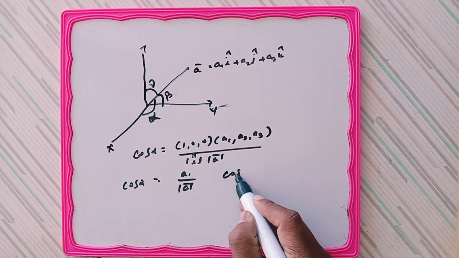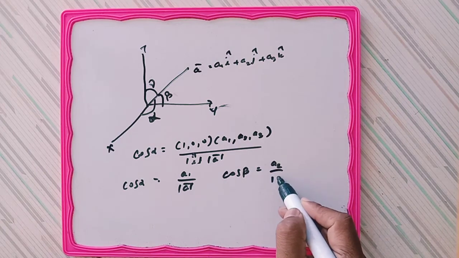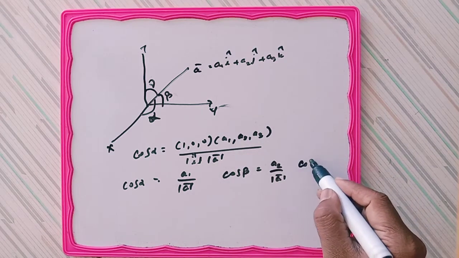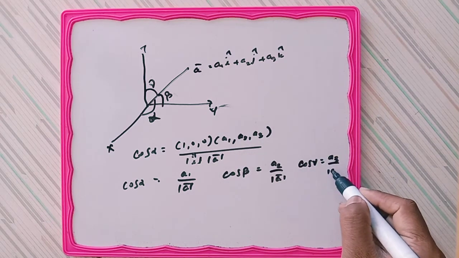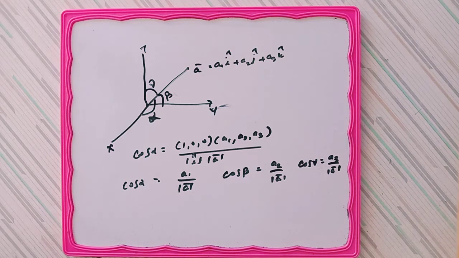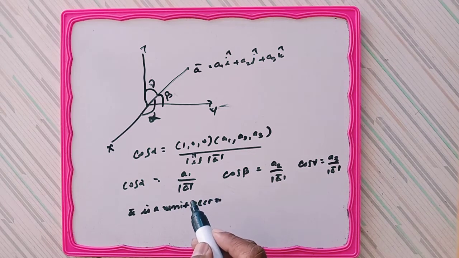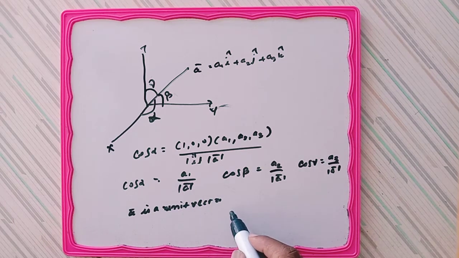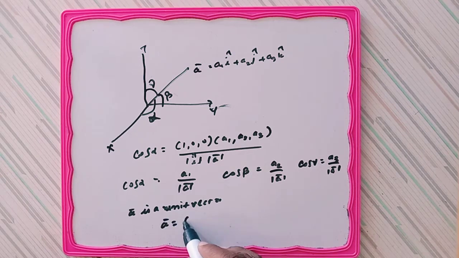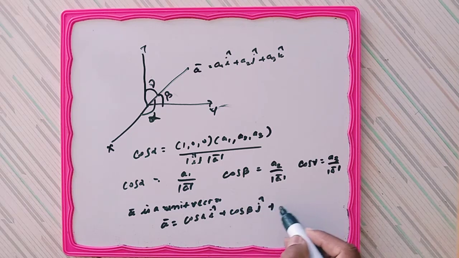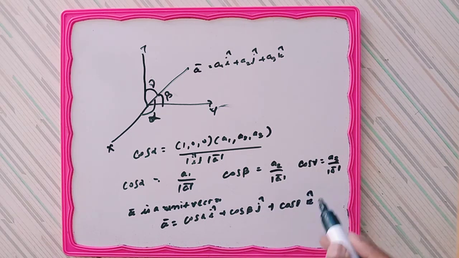In the same way, cos beta will be A2 by magnitude A bar because the beta angle is with the y-axis, so here it will be 0 1 0, and cos gamma will be A3 by magnitude A bar. And so if A bar is a unit vector, then it will be expressed as A bar equals cos alpha i caret plus cos beta j caret plus cos gamma k caret.